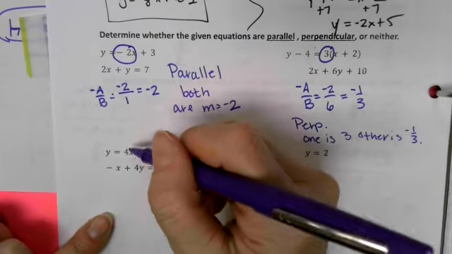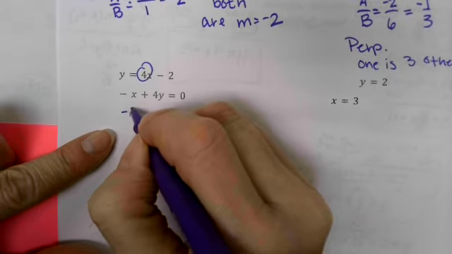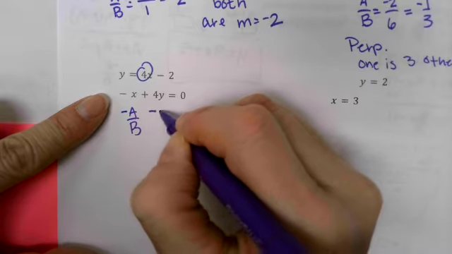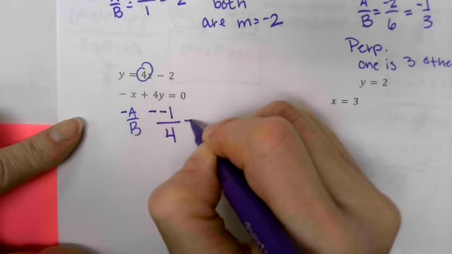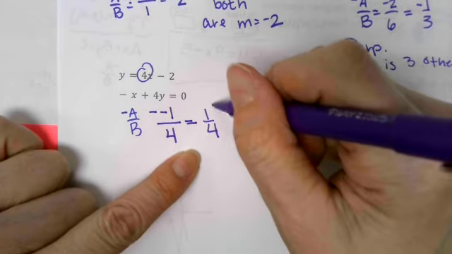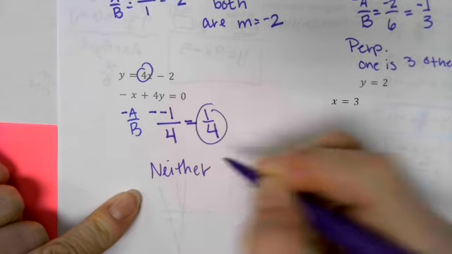This one, slope is 4. If I did negative a over b, I'd have negative 1 over 4. So that's 1/4. This one right here, these are neither. Those ones can sometimes be hard to spot.